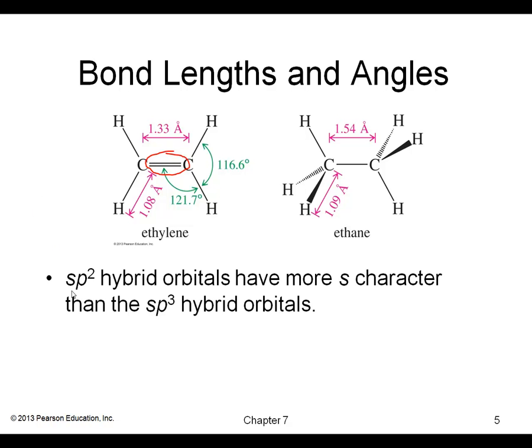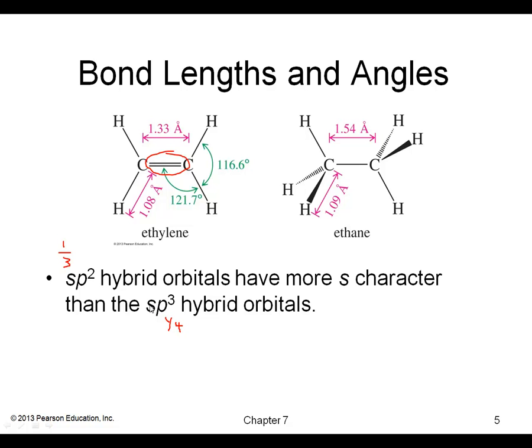The other thing to note is that sp2 hybrid orbitals have more s character than sp3s. The way you figure that out, I have one s and two p's, so 1/3 of the sp2 is s character. I have 1, and the total is 2 plus 1 for 3. Down here, I have what? 1/4 s character, don't I?